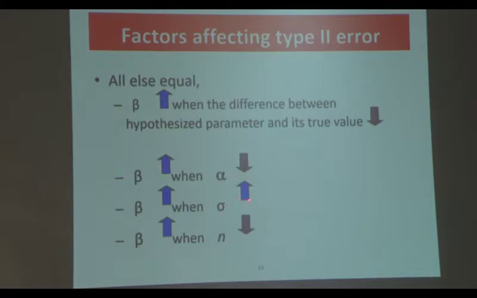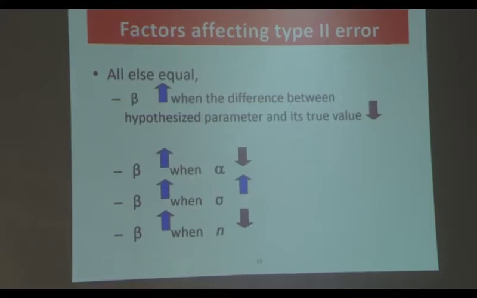When you increase the variance, your power decreases because your beta is increasing. When the sample size is small, your power decreases. Most of you will encounter this in research. Many people will ask you, do you have enough power given that sample size? Why? Because if the sample size is small, then the power is what? Small. And you will be encountering that most of the time.